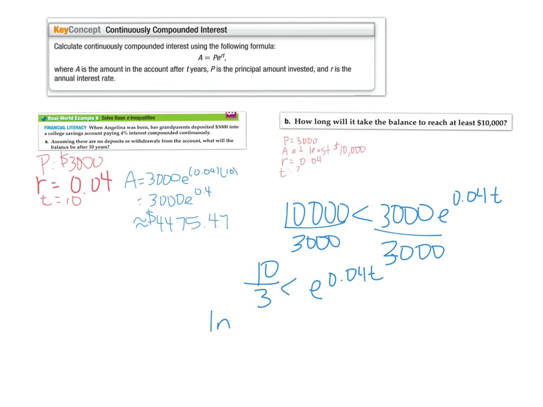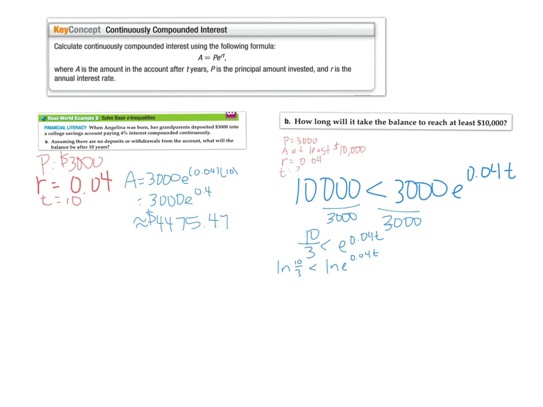Now is when we take the natural log of both sides. So we have ln of 10 over 3 is less than ln E to the 0.04t. On the right hand side we have the natural log base E of E. When you have the base that's the same as the number here, it can go away, and we can be left with the exponent. So we'll be left with ln of 10 over 3 is less than 0.04t.